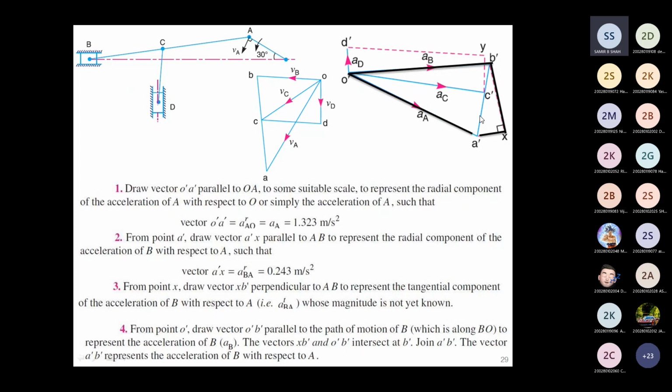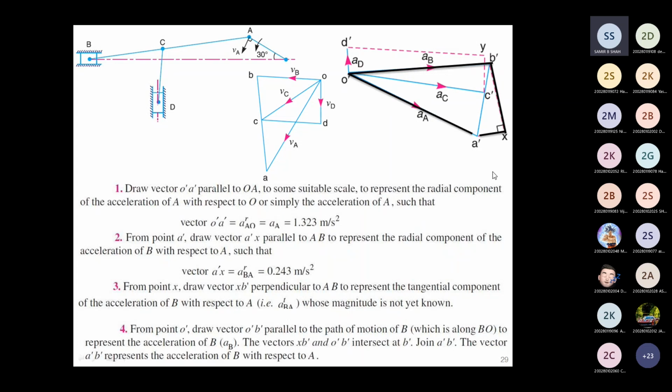Now join A dash with B dash. At that time, our radial part and tangential part we have to draw with a dotted line only.